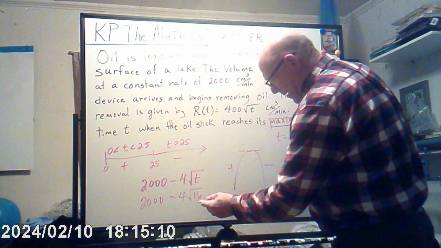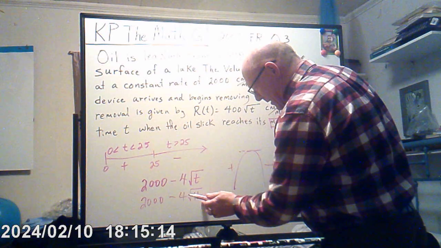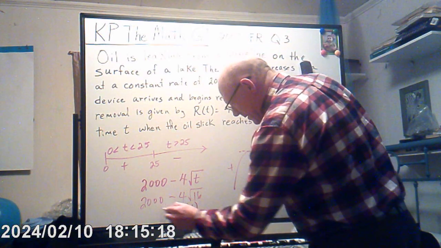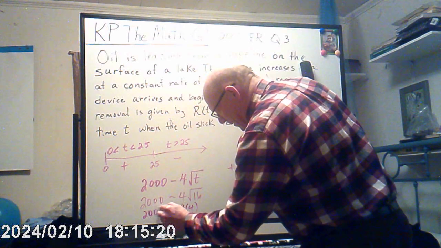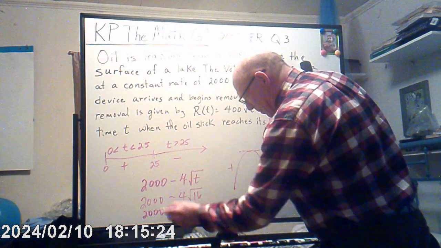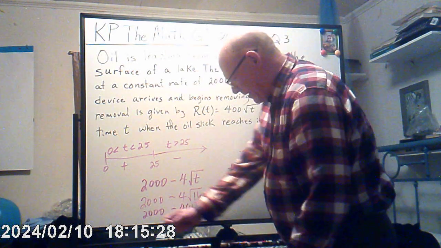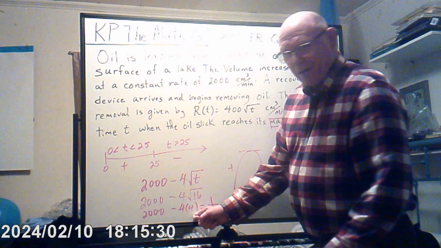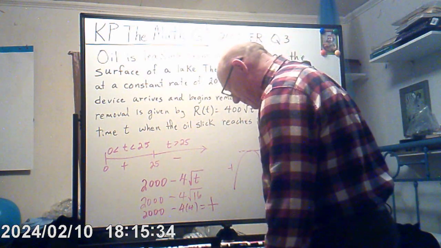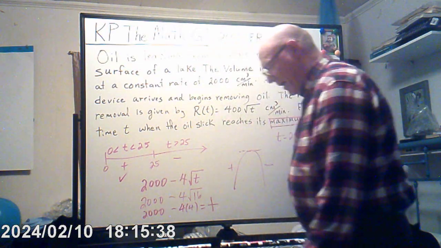The square root of 16 is 4. So 4 times 4. Well, certainly we know that this is positive. We don't care what the answer is. We know the answer is positive because certainly 2,000 is bigger than 16, isn't it? So that does check off that this is positive.